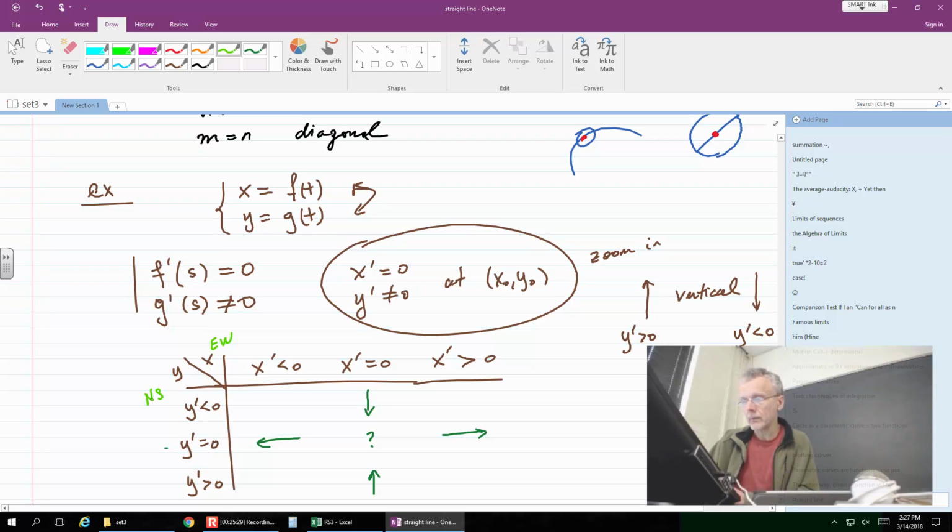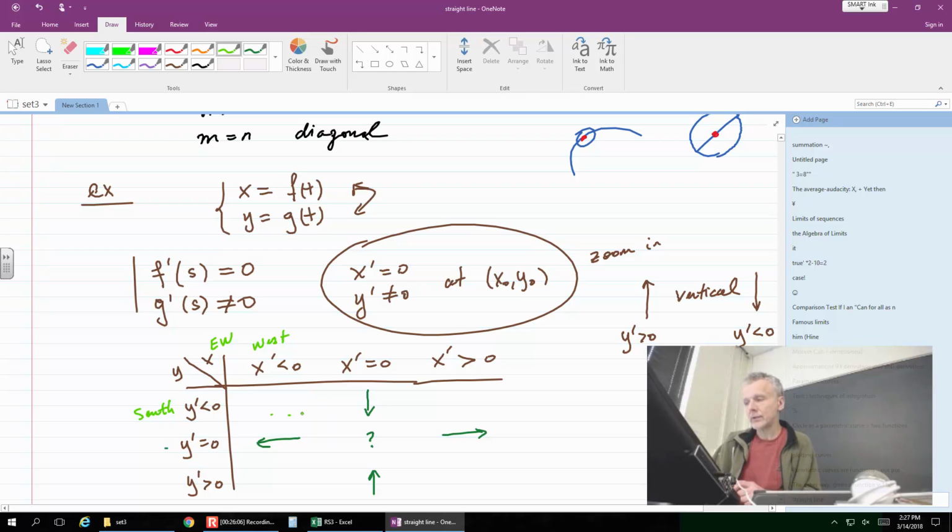Okay, so as you can see, when x prime is equal to 0, we're moving entirely either north or entirely south. But now if I'm looking at the top left cell, then we're interested in which way we're going when x prime, y prime are both nonzero. So we are moving west on one hand. On the other hand, we are moving south.